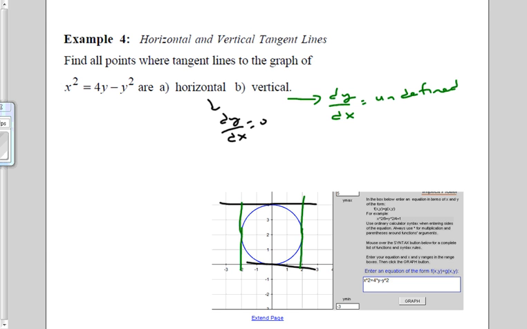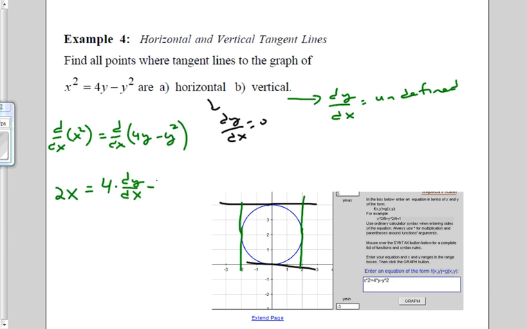So to do that, let's find an equation for dy/dx. So let's do some implicit differentiation. We're going to take the derivative of the left and the derivative of the right. And when we do that, on the left, we're going to get 2x equals, well, the derivative of 4y is 4 times dy/dx, minus the derivative of y squared, which is 2y times dy/dx.